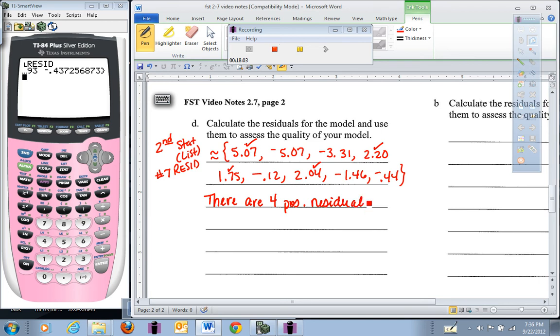So 4 times the error was positive, and 5 negative residuals. 5 times when we subtracted, the error would become negative. Okay, how about this? The residuals are not particularly large, are they?